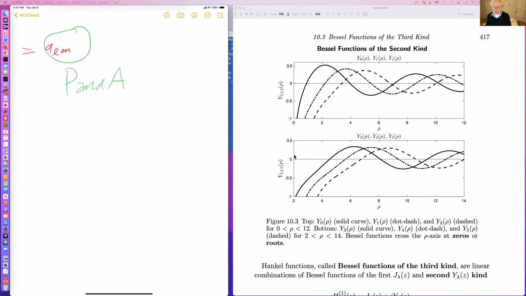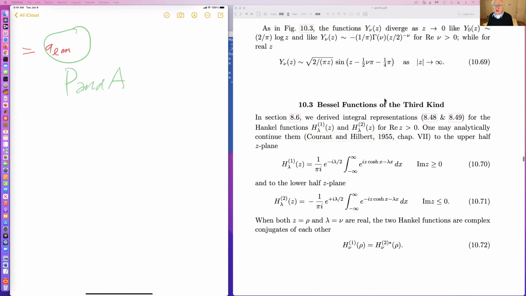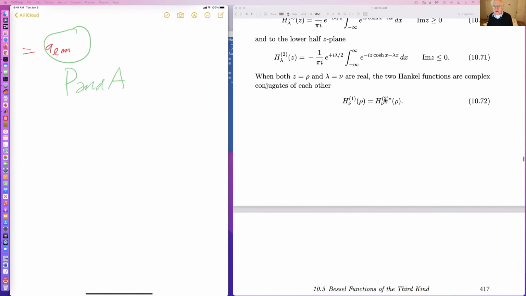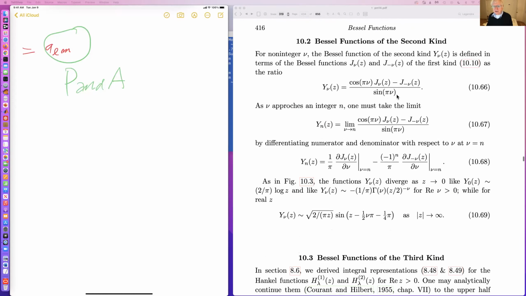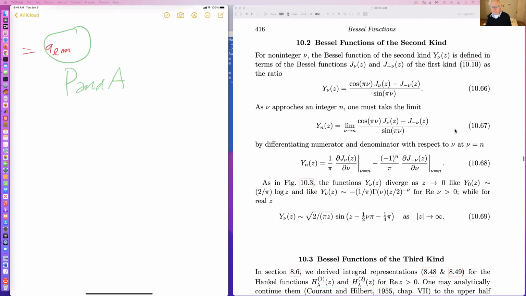Notice they're all diving toward minus infinity as rho goes to 0 through positive values. This is for integral values of nu, which are the ones where we have to take this, called the L'Hopital limit.